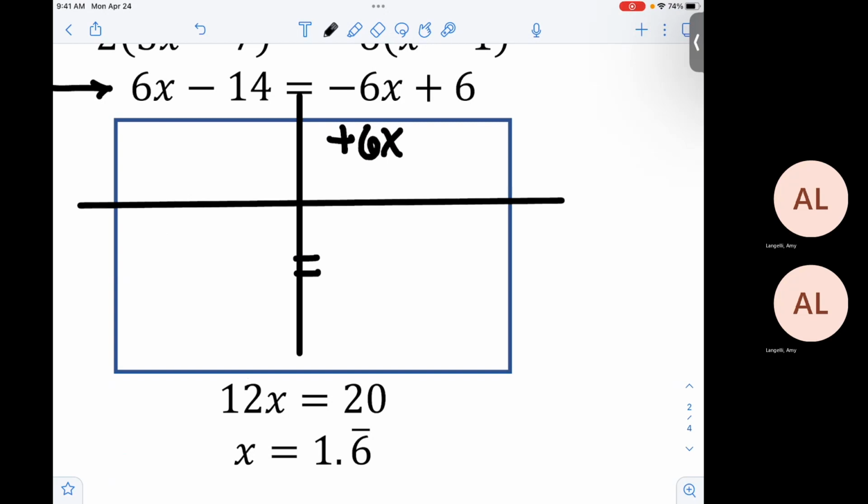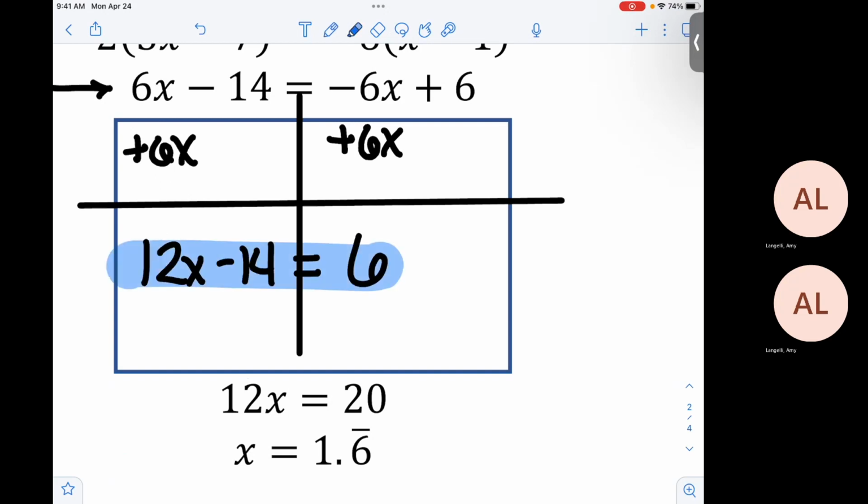Couldn't we have added 6x first, though? So we could have got 12x minus 14 equals 6. That might also be the answer. So you just have to be able to move it around. Yeah, and then that would get you to the other step. So I want to make sure you guys know, they might have something different. Doesn't mean you're necessarily wrong. Are we okay?